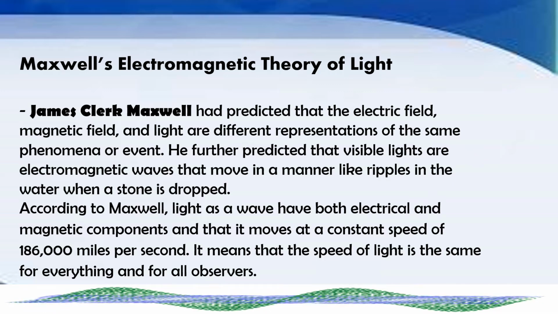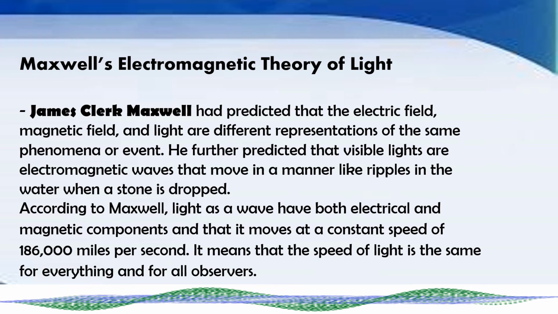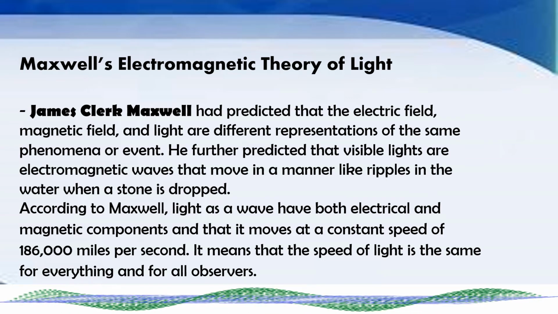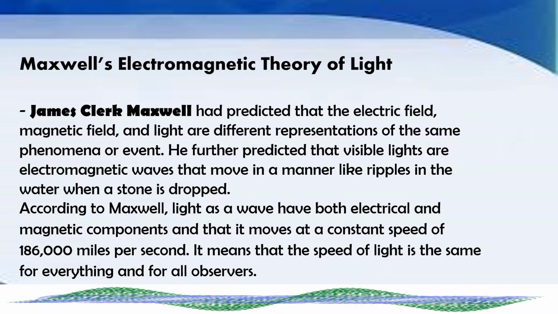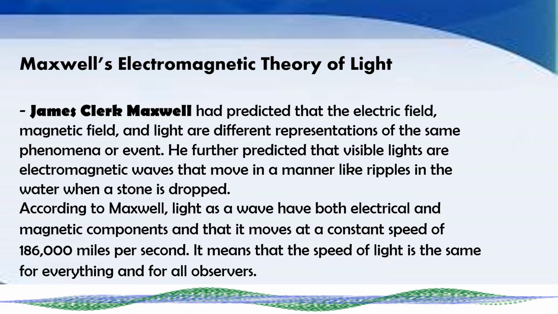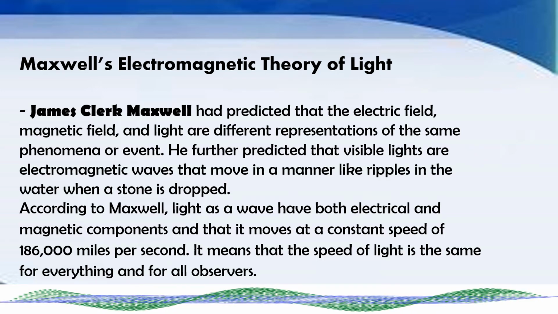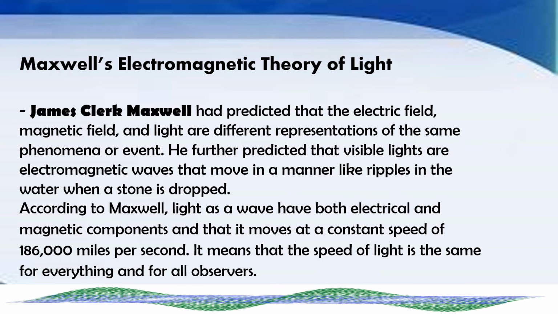Now we'll go to Maxwell's electromagnetic theory of light. James Clerk Maxwell predicted that the electric field, magnetic field, and light are different representations of the same phenomenon or event.